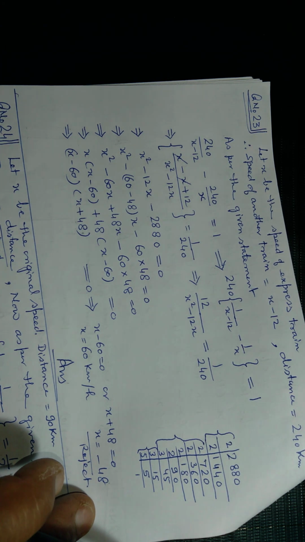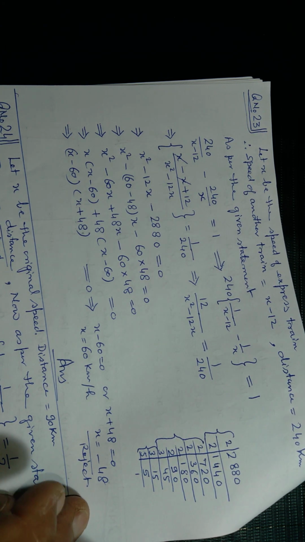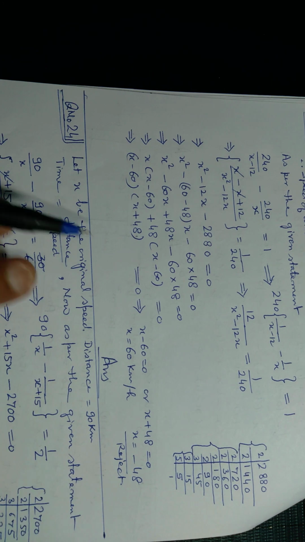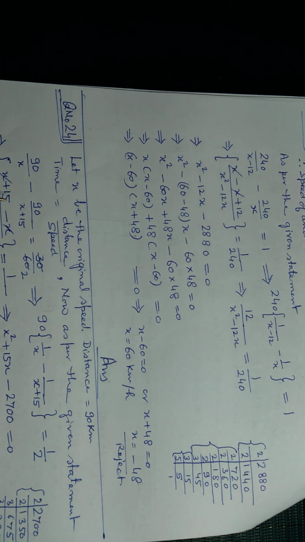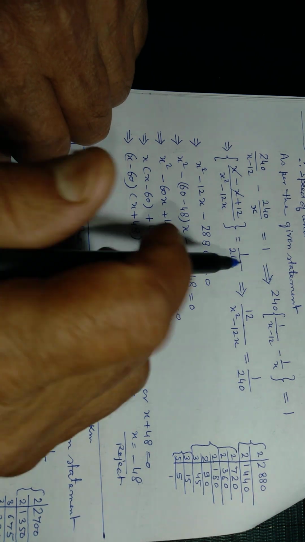Another train, whose speed is 12 km per hour less than the first train, takes an hour longer to make the same trip. Find the speed of the express train in kilometer per hour.